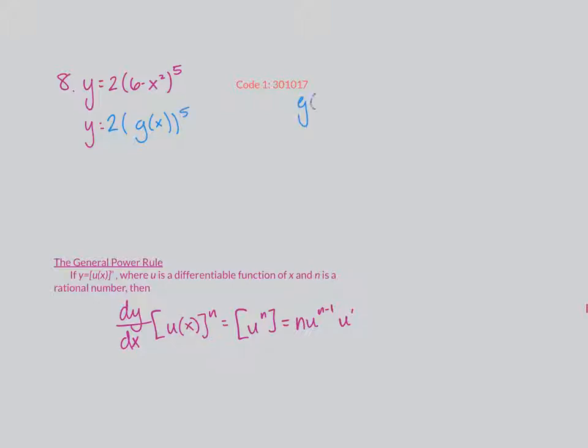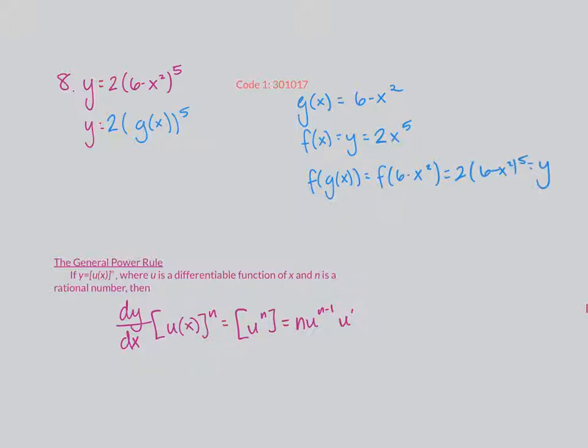So my g of x is going to be equal to 6 minus x squared. And then that means that my outside function, or f, is going to be given as y, which is 2 times x to the fifth. Okay, so f of g of x is f of 6 minus x squared. So everywhere I see an x, I replace it with 6 minus x squared, which is 2 times 6 minus x squared to the fifth, which is equal to the y we were given at the beginning.